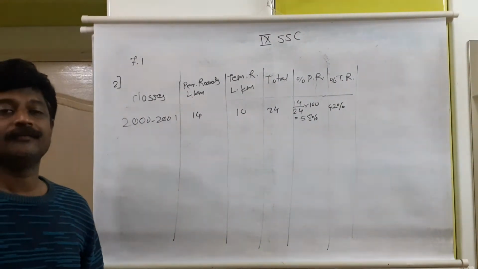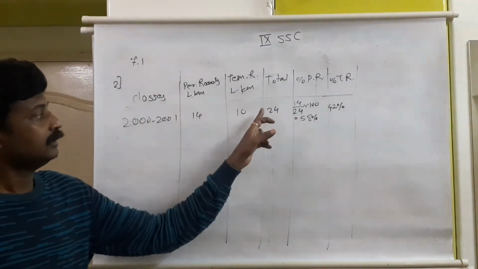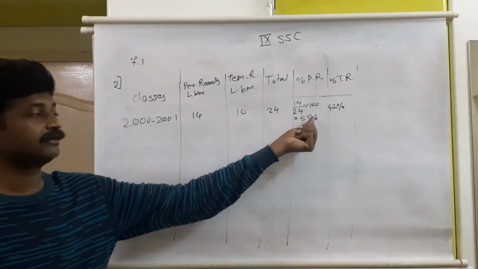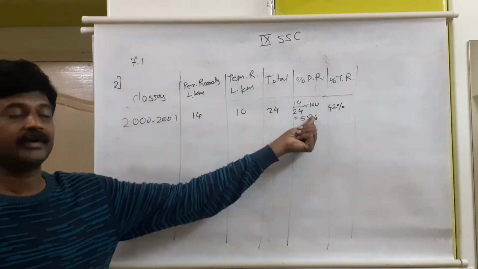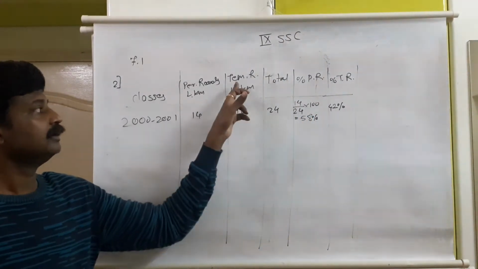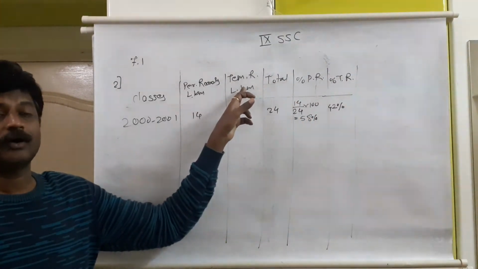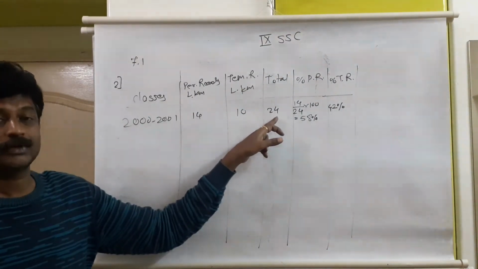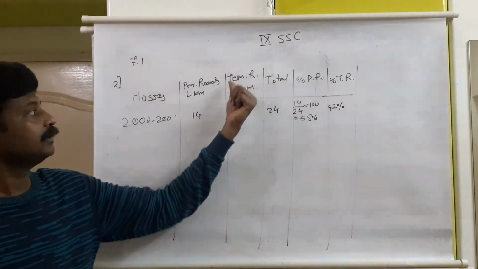Or if we want to cross check, 14 out of 24 is converted into out of 100. Same way, remaining temporary roads, how many lakhs kilometer? 10 lakhs kilometer. Out of 24 lakhs kilometer, 10 lakhs were temporary roads.